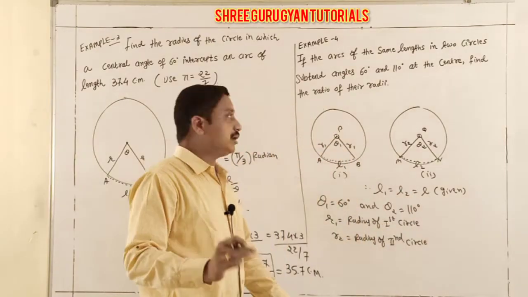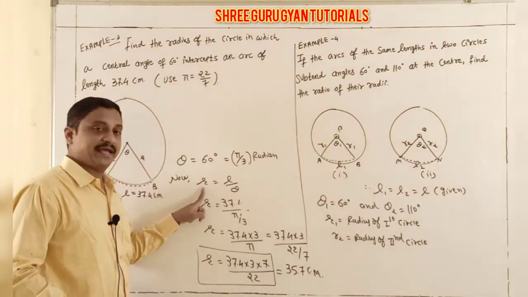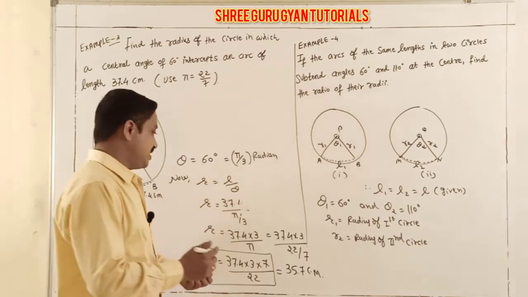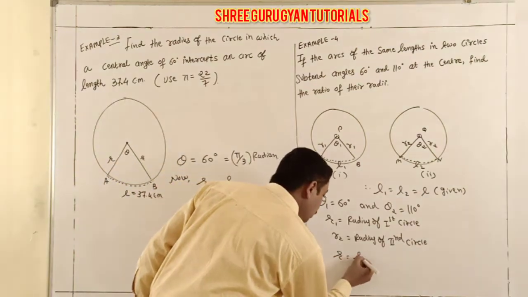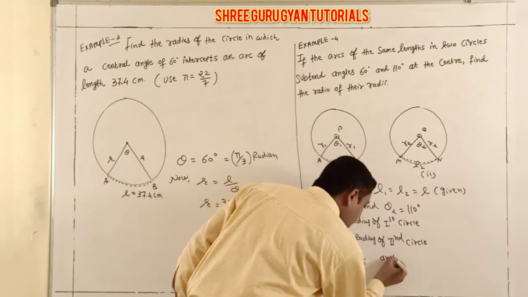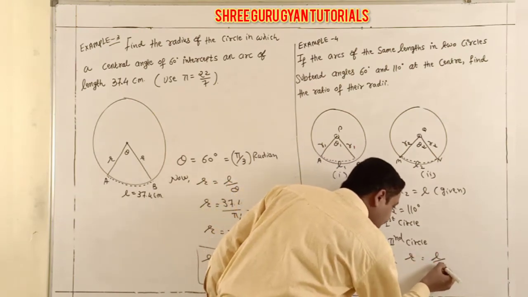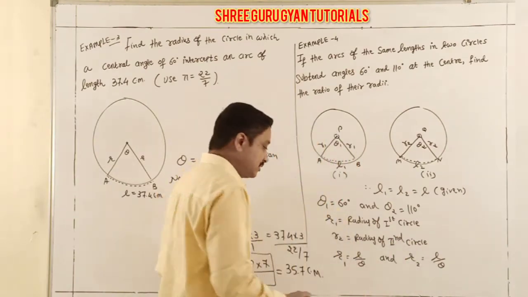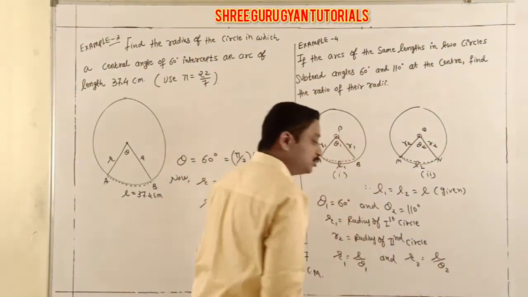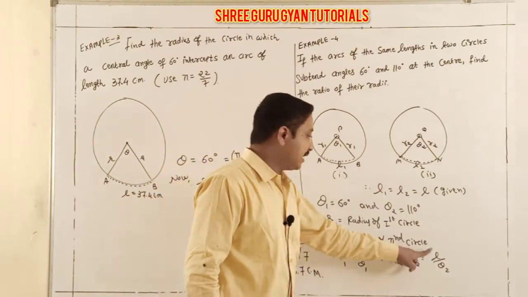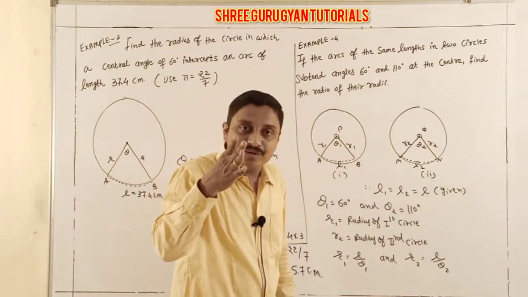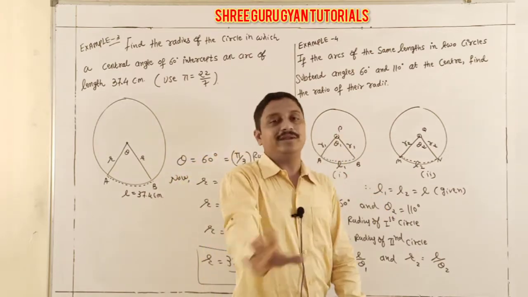We utilize the same property: R is equal to L by theta. Here taking R1, R2, theta 1, theta 2, and L and L both the same. Now I start the ratio and our numerical is easily done.